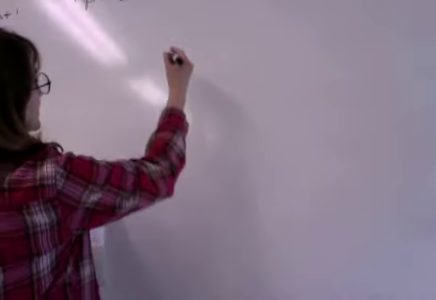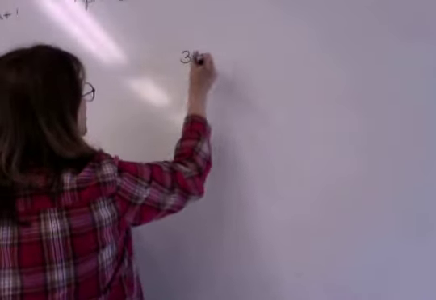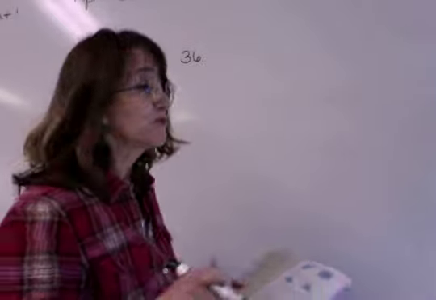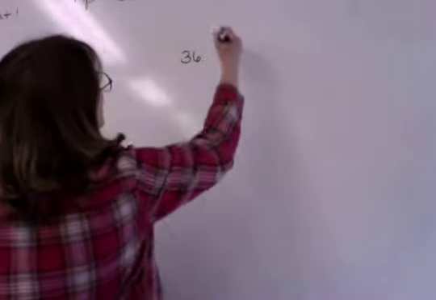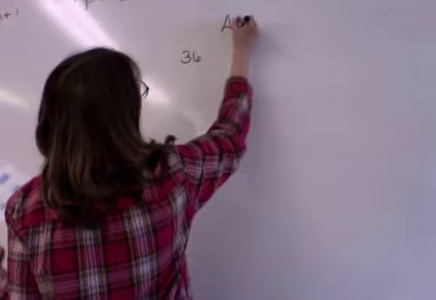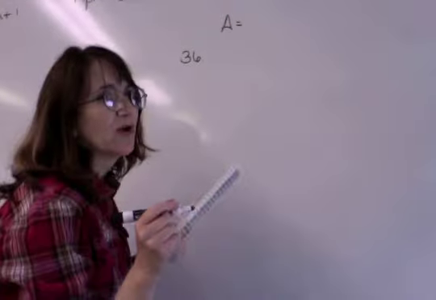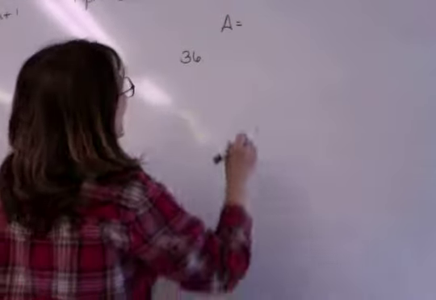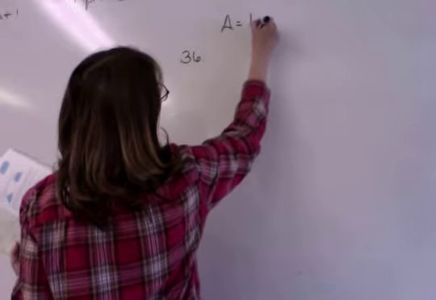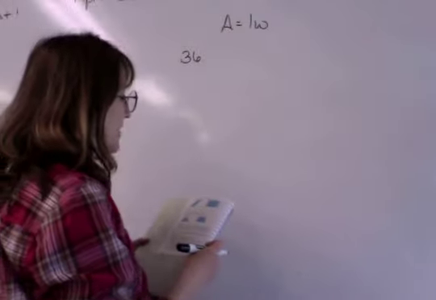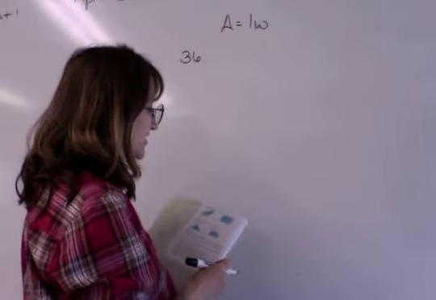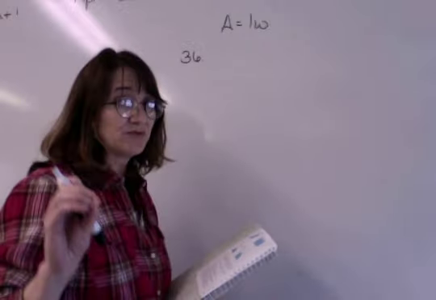So let's do 36. What you have to know with 36, what you have to know for your quiz, is basically what is the formula for the area of a triangle? And the area of a rectangle. And the area of a rectangle is length times width. So basically what's happening right here, this is going to be a division problem.